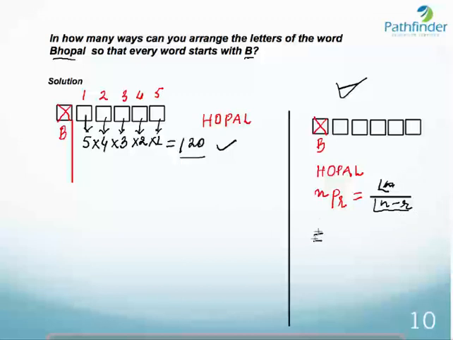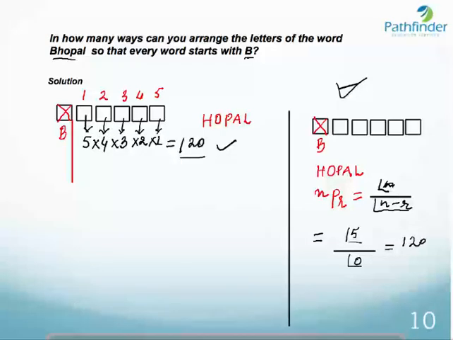And so 5 letters can be arranged at these 5 seats in factorial 5 upon factorial 0, that is 120 ways. So you saw what happens when we fix the placement of one letter in the arrangement of the entire word Bhopal.